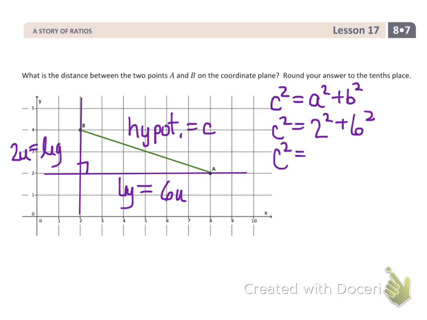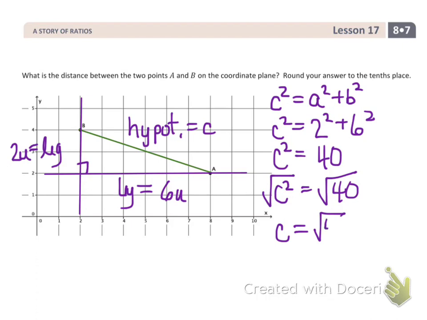So c squared is equal to 4 plus 36, which is 40. Then I want to take the square root of both sides because I just want to know how long c is. And so the square root of c squared is c, and this becomes the square root of 40.